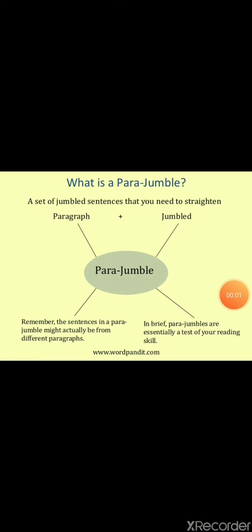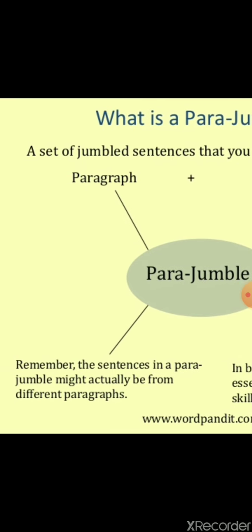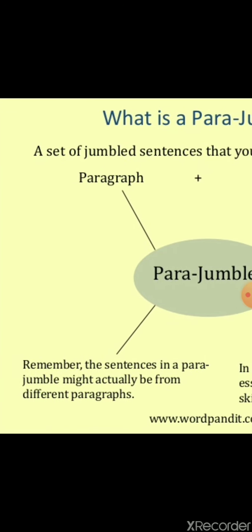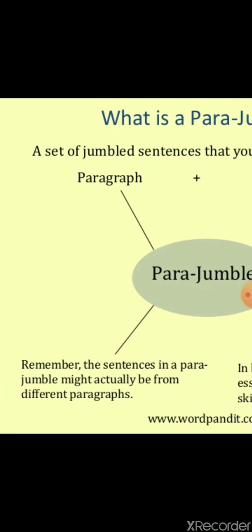As we have finished with the basic steps, now we are moving to the advanced rules, how to deal with questions based purely on parajumble, the rearrangement or reordering of sentences. Just look at the screen, a set of jumbled sentences that you need to straighten. Always remember one thing: the sentences in a parajumble might actually be from different paragraphs. For example, if they have been taken from a novel, one sentence may be from the first chapter and another from the fifth chapter.